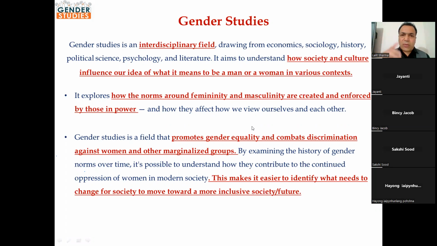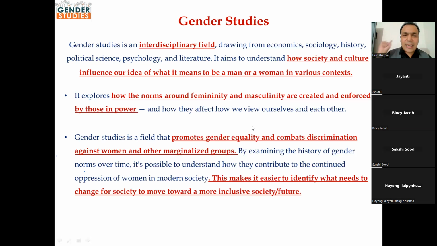It has come out of a collection of various disciplines, various subjects. It is an interdisciplinary field drawing from, see, it is written here, economics, sociology, history, political science, psychology, and literature, right? The concept of gender studies has been taken from all these subjects.